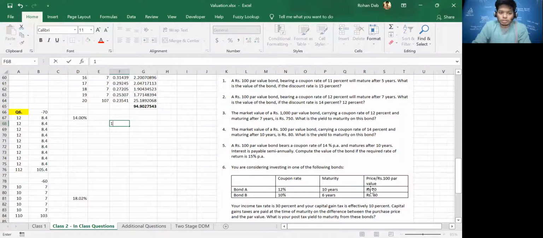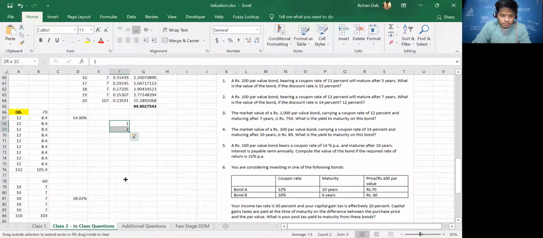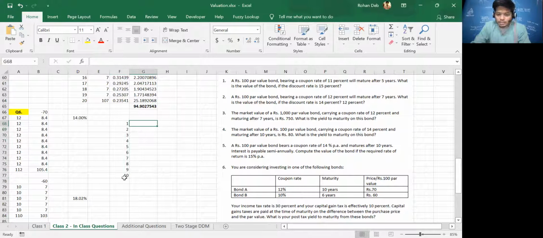So on a 100 rupees bond, from year 1 to 10, on the first year you would get 12, 12, and you'll get this for 10 years.